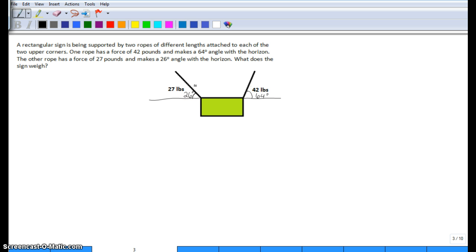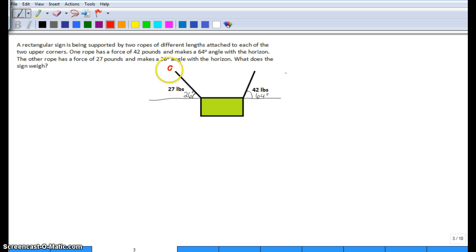What you need to know is that when you work with a problem like this, in order to find the mass of the object, we have the magnitude of the vector.